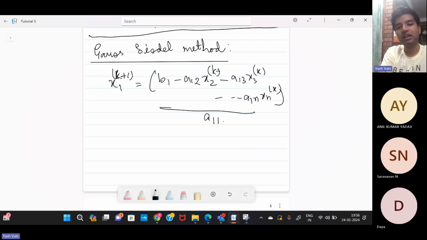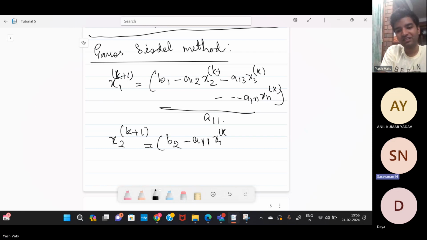So now you are saying that to find X2 at k plus 1, it should be B2 minus A21 X1. Is it k or k plus 1? k plus 1 we can go.